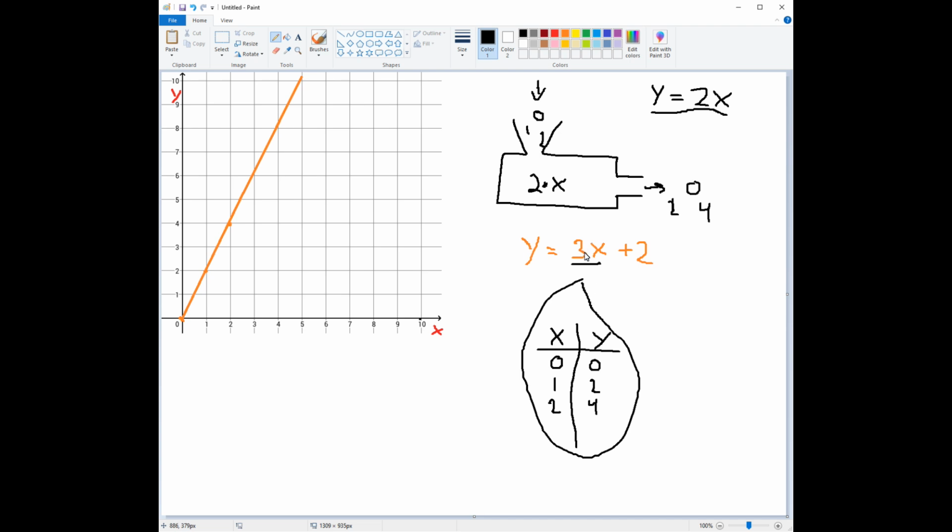So the bigger the number in front of x, the steeper the line is. It can never, well, it can under one circumstance, but other than that, it can basically not be vertical. But the higher the number, the steeper it is.